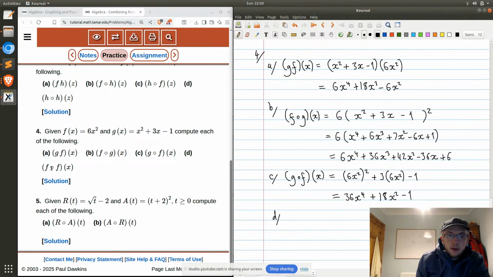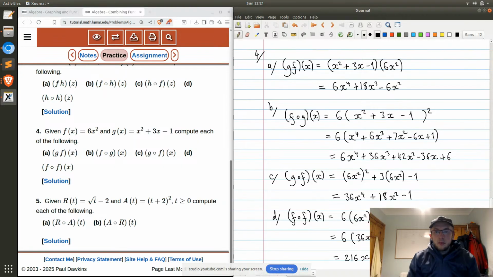Finally, compute f of x. So put the definition of f into itself. So 6, open brackets, 6x squared, close brackets, squared. And we compute. And now we check.